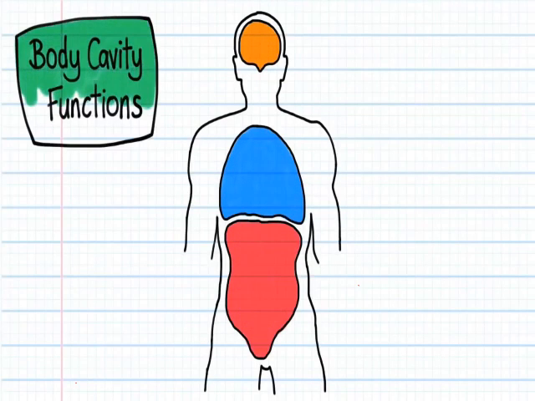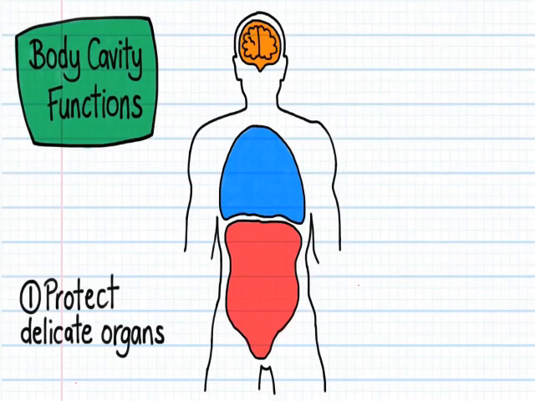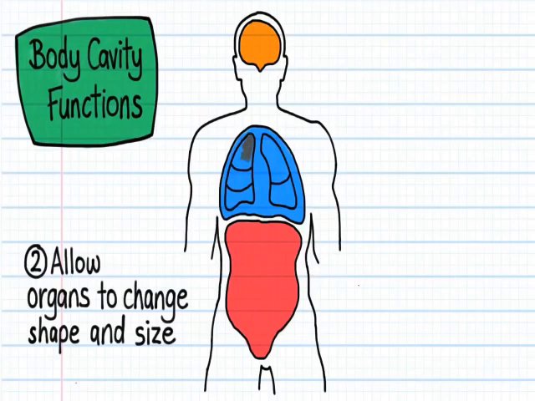Body cavities have several important functions. Firstly, they protect delicate organs, like for example the brain, from bumps and shock when we walk, run and jump. Secondly, cavities allow internal organs to change shape and size.